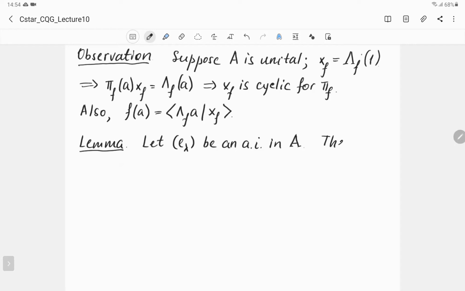I claim that, first of all, e lambda squared is also an approximate identity in A.